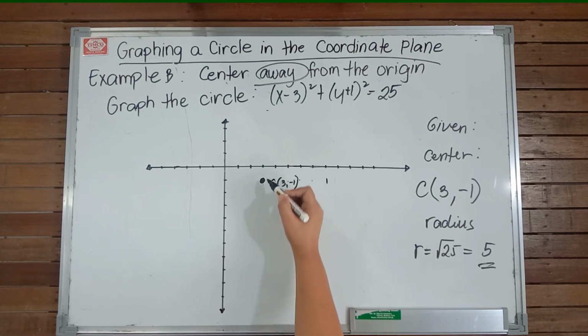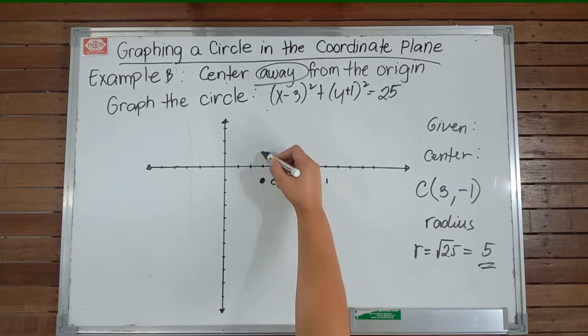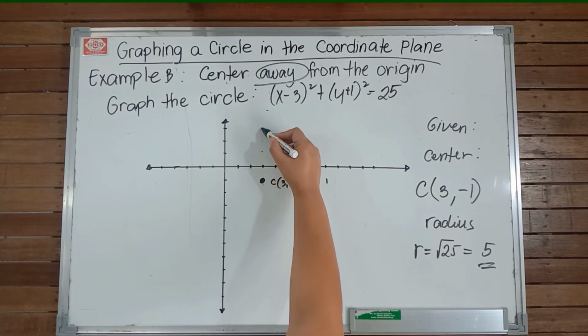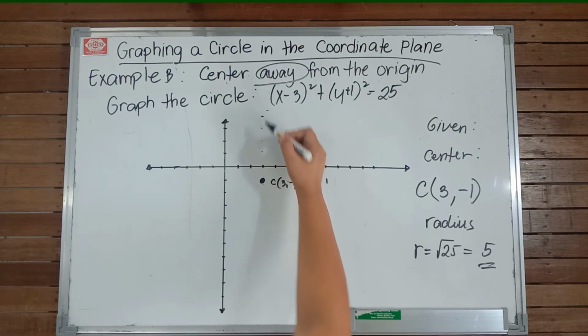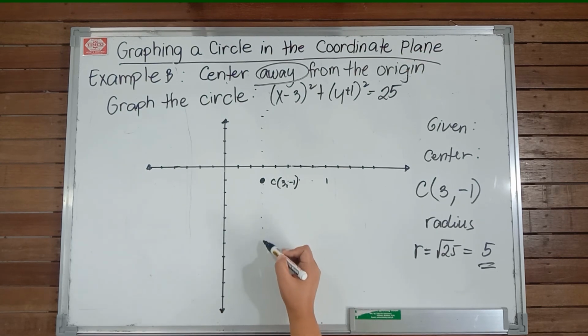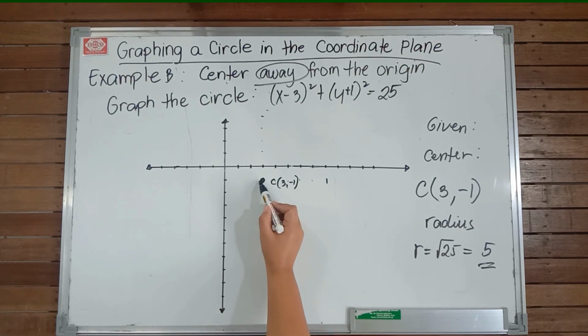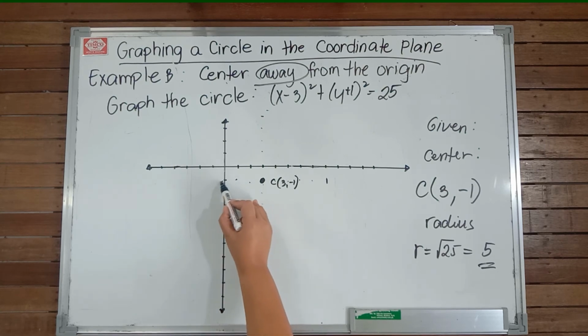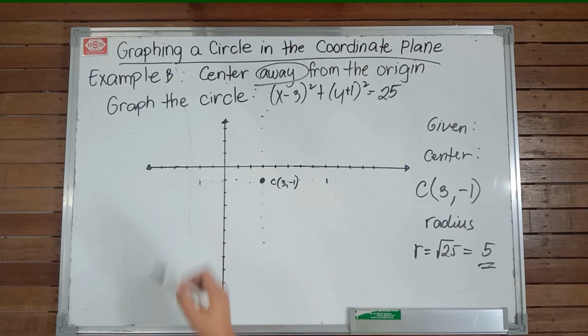So, ayun dapat yung kanyang hangganan. 1, 2, 3, 4, 5. Ayun, sa taas. 2, 3, 4, 5. Sa baba. 1, 2, 3, 4, 5. Okay, sa left. So, using our compass, we're going to draw our circle.